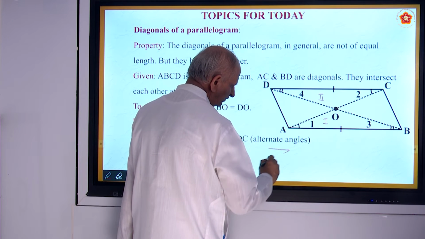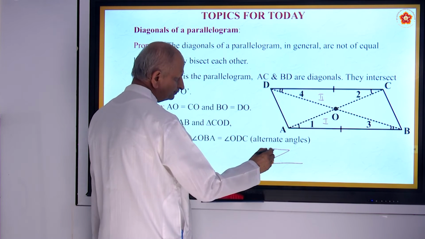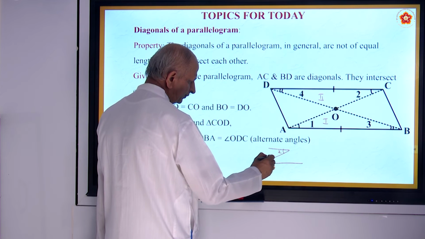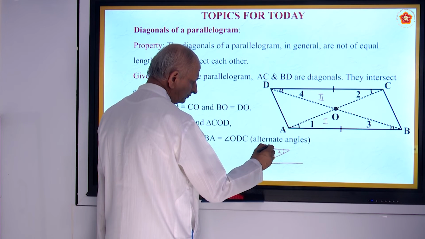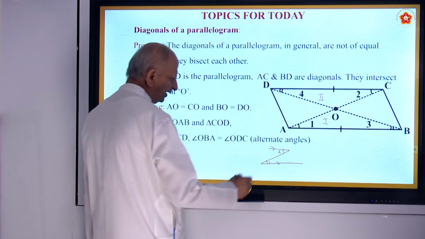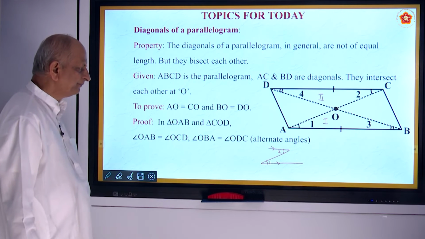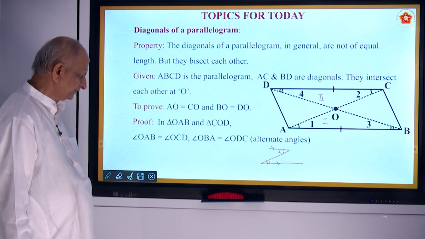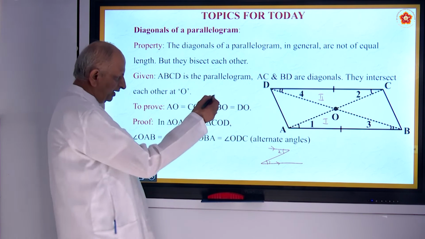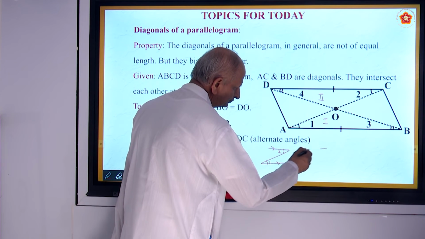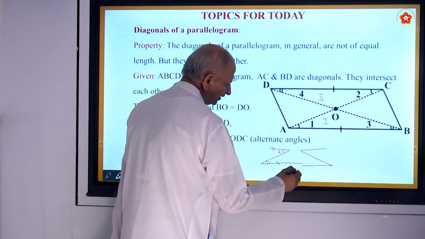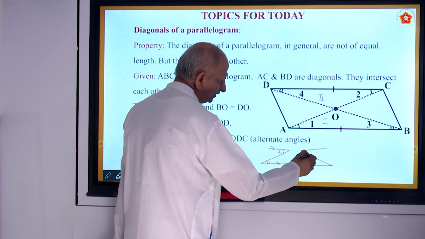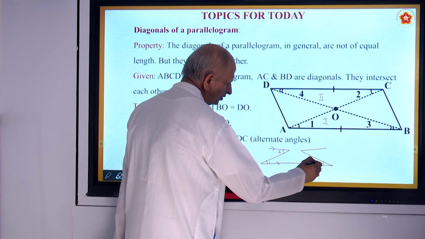They are also called alternate angles. Whenever two parallel lines are cut by a transversal, we get alternate angles, also called Z angles. Similarly here, in the other set, angle 3 is equal to angle 4.